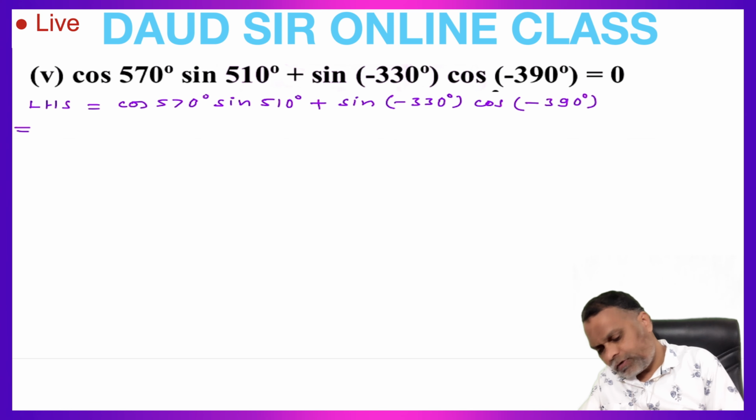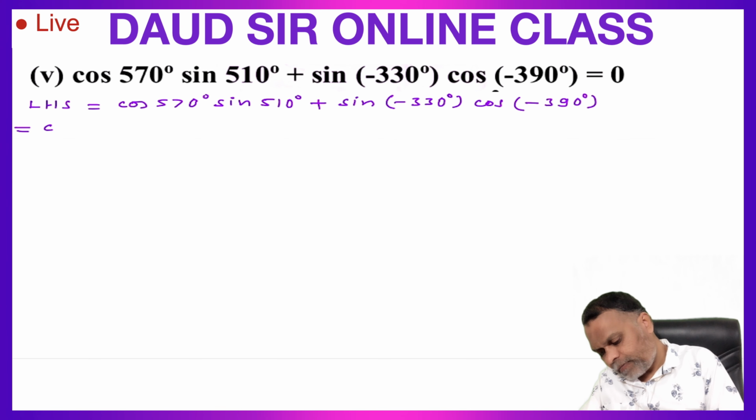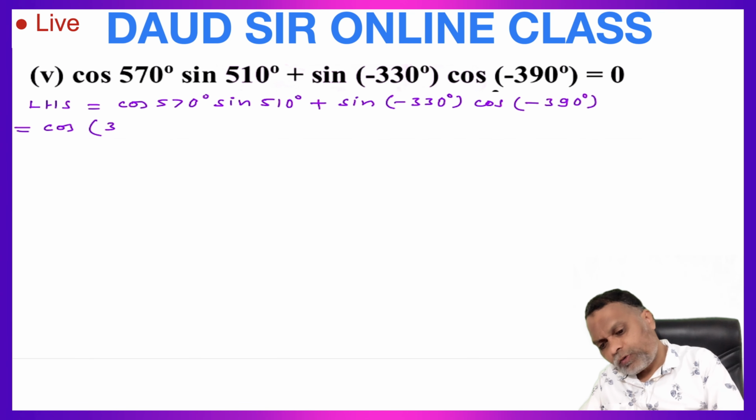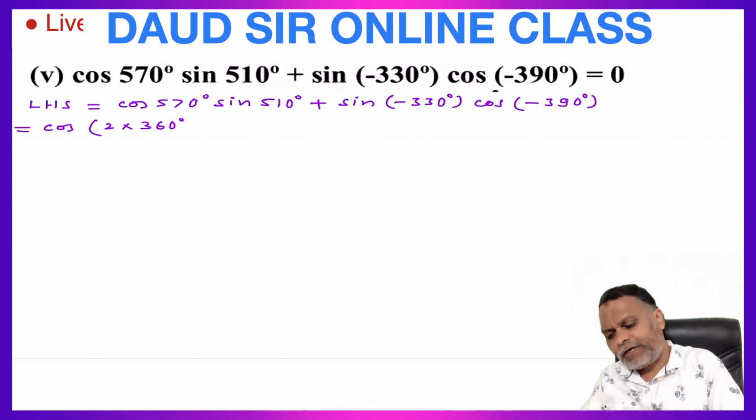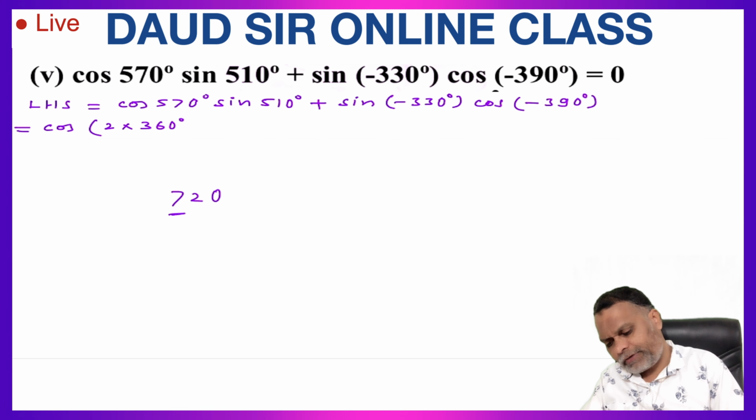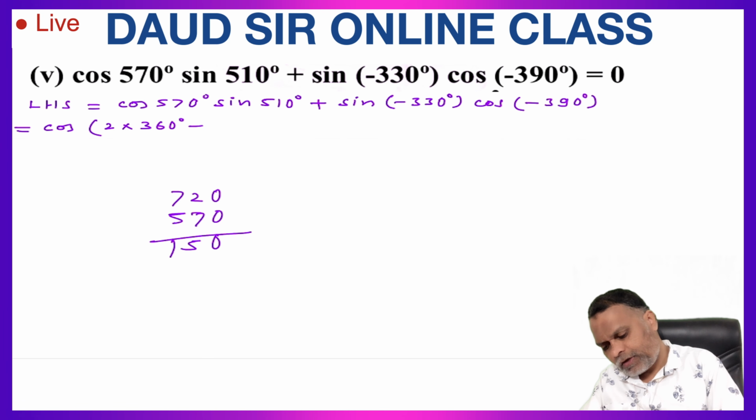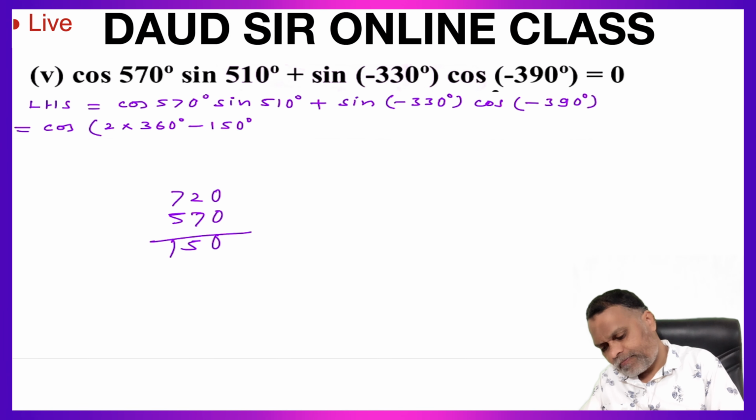which is equal to cos, this 570 can be written as 2 into 360, this is 720 minus 150.